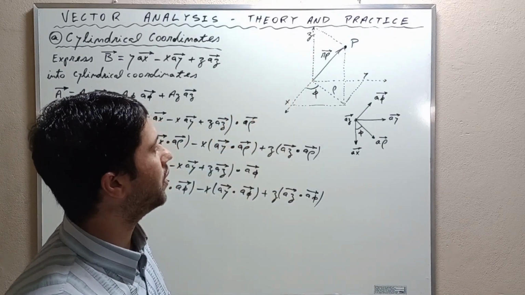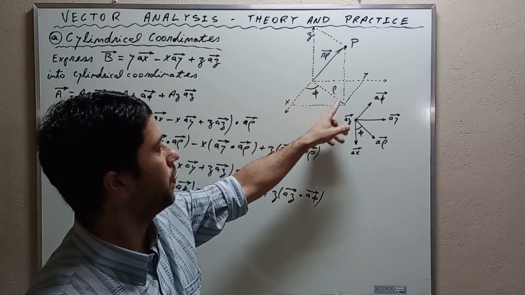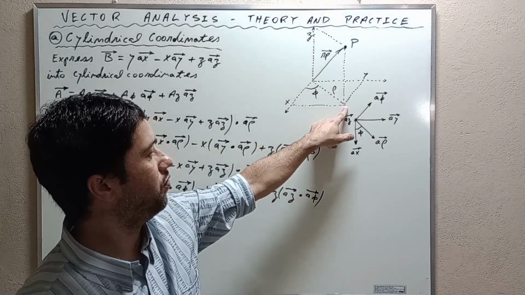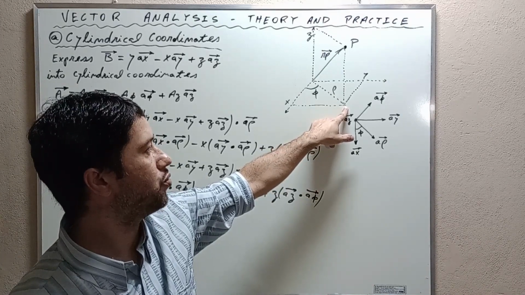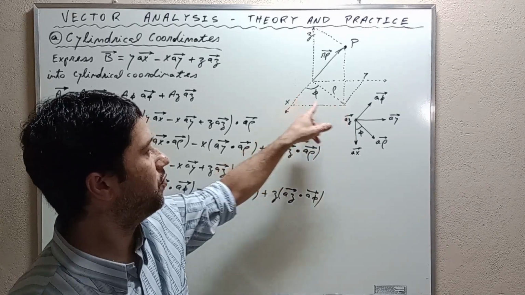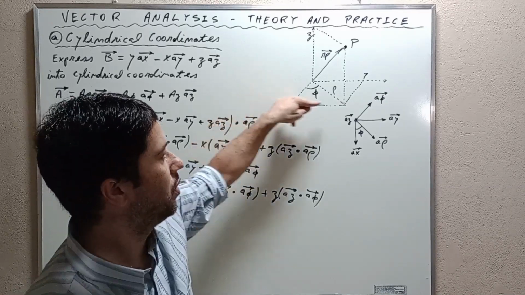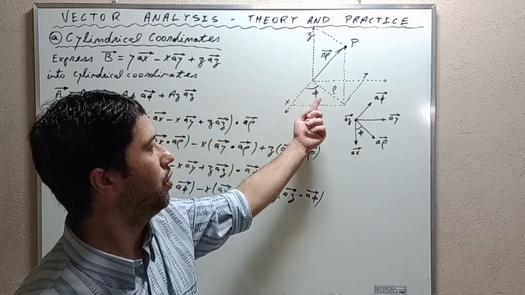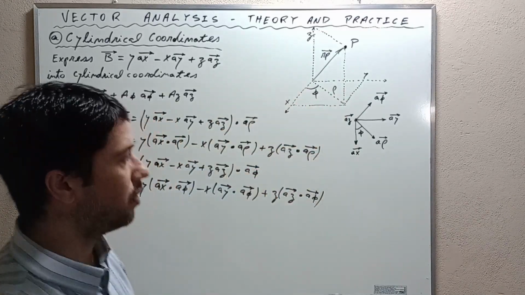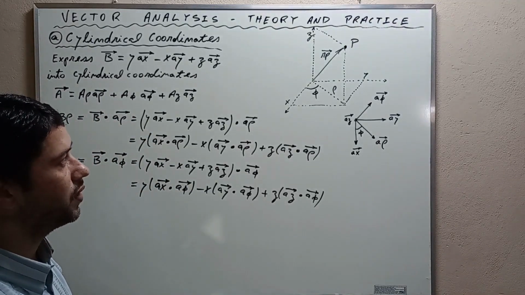And in expressing the very vector in cylindrical coordinates, we need ρ. This ρ provides the magnitude of the vector in the xy plane. That is this angle here from the x-axis going towards the y-axis. Okay, ρ and phi exist together, they don't exist alone.